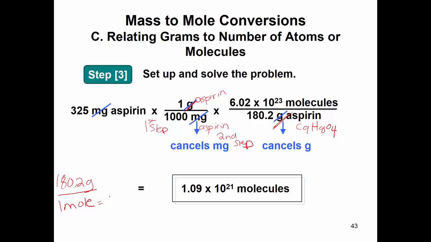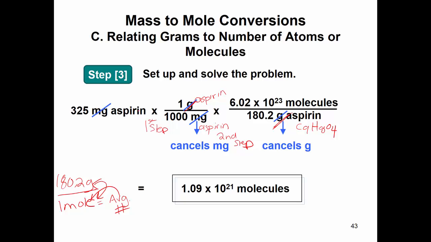But because 1 mole is equal to Avogadro's number, 6.02 times 10 to the 23rd, we can also plug that number in, and that's how we get our common relationship. We had to flip it over because grams has to cancel, so grams is in the denominator and molecules in the numerator.